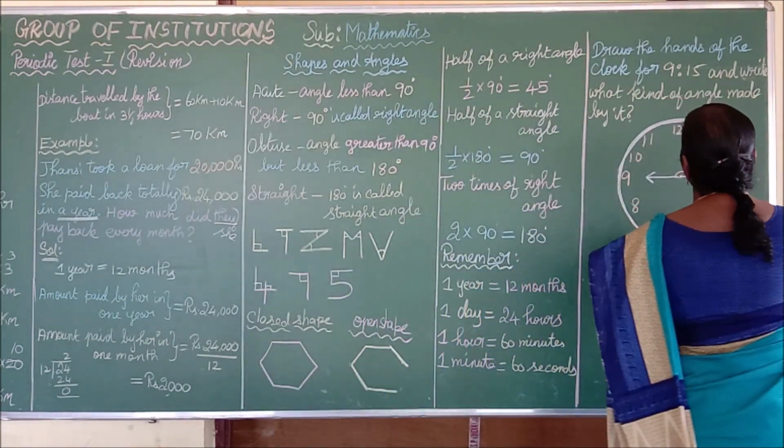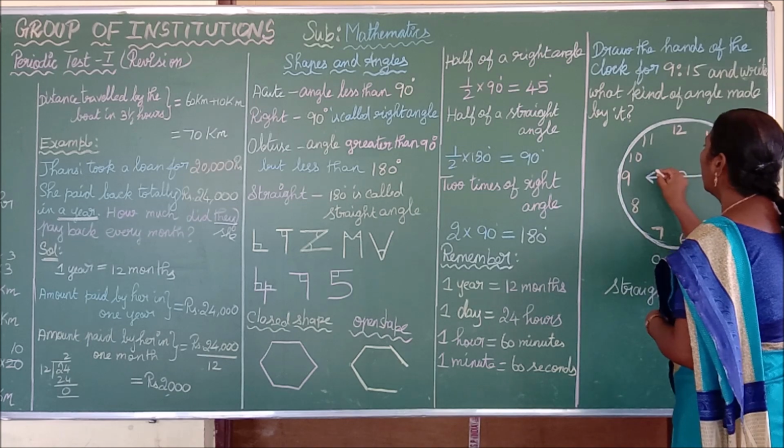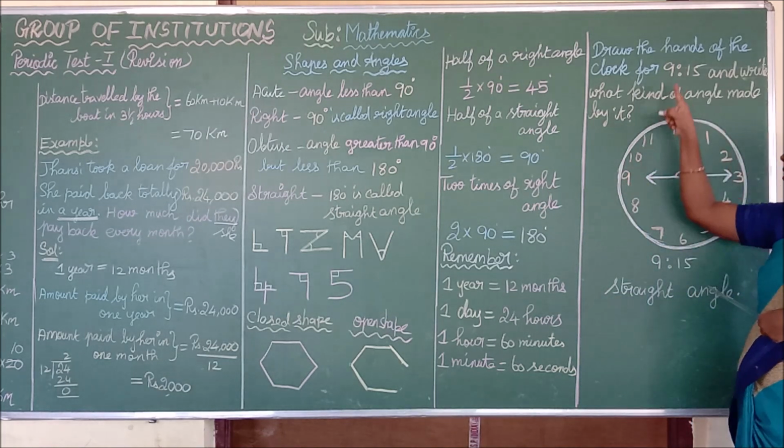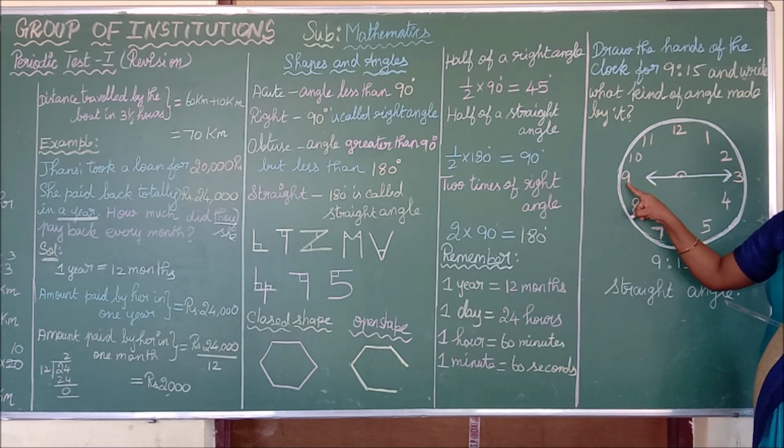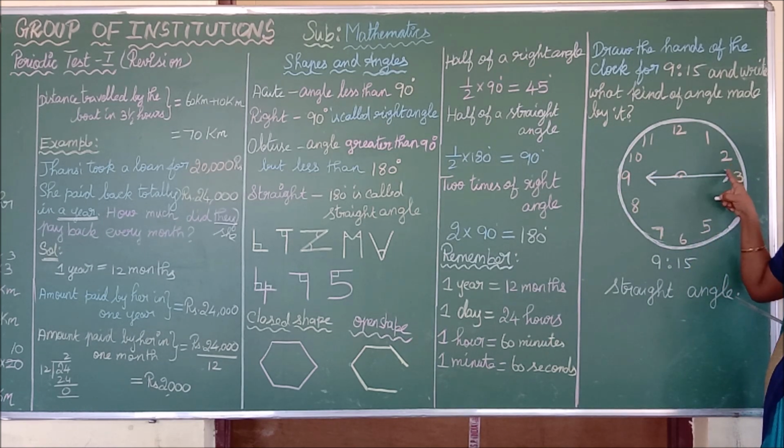We have to draw the short hand for the hour. Here the hour is 9, so the short hand points towards the number 9. How can you mention the 15 minutes? Here you have to count 5, 10, 15. So your minute is 15. So you have to draw the minute hand towards the 3. Now the time is 9:15.